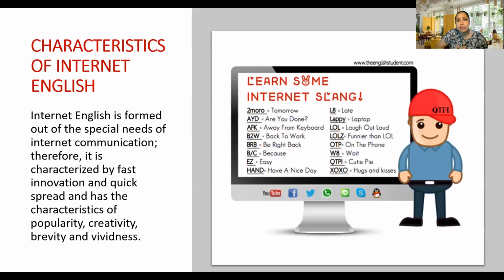It's a faster way to explain something instead of writing everything, and it has made us speak faster when we're using internet communication. Yeah, definitely. Characteristics of internet English. So all of that we were mentioning, we need to say that it is sort of categorized. Internet English is formed out of the special needs of internet communication.